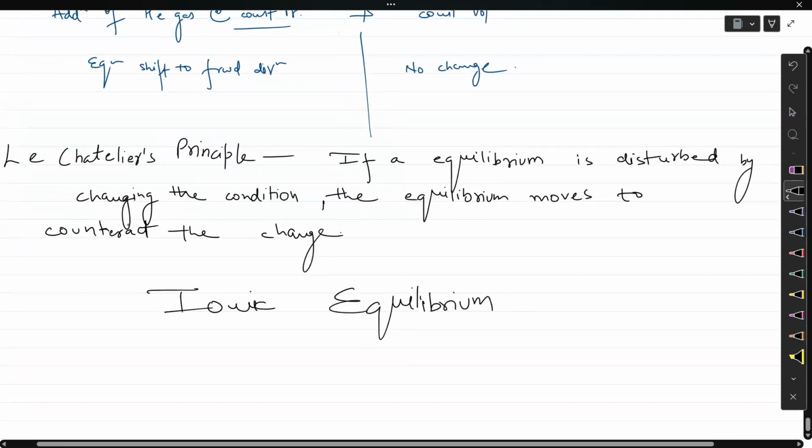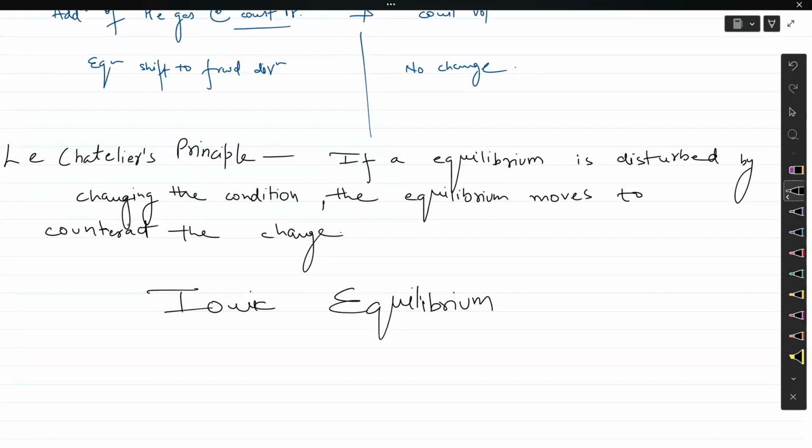So, in an equilibrium, if the conditions are changed, like temperature, then the equilibrium moves in the opposite direction.